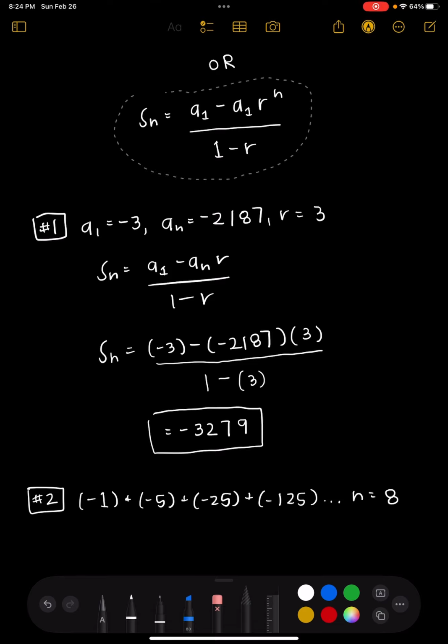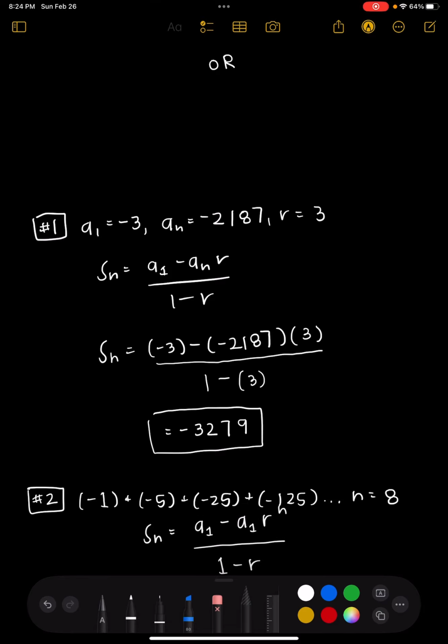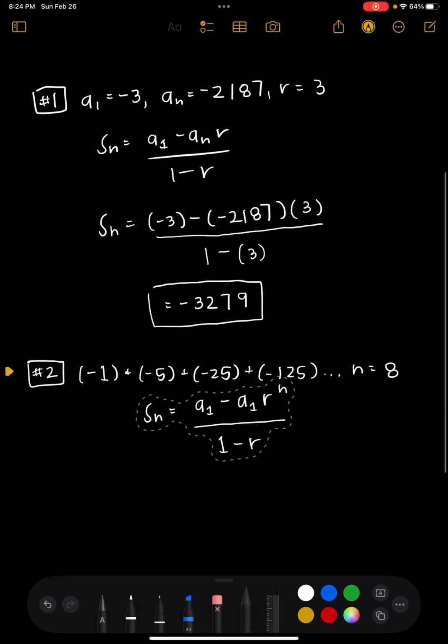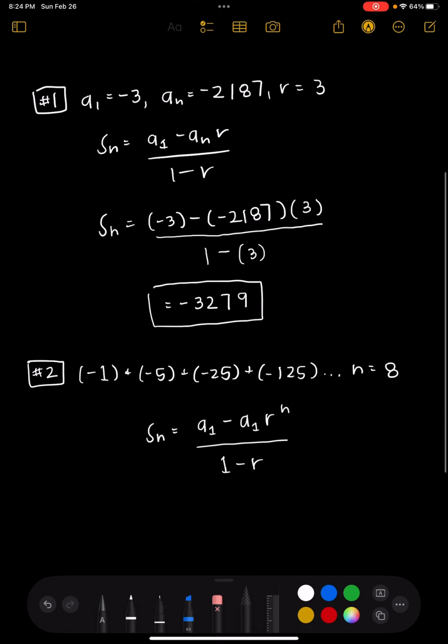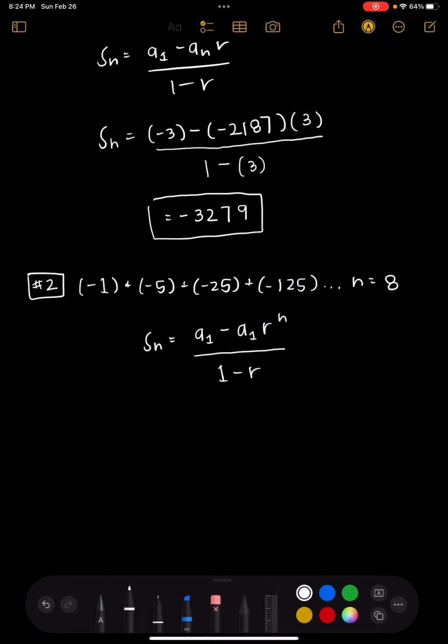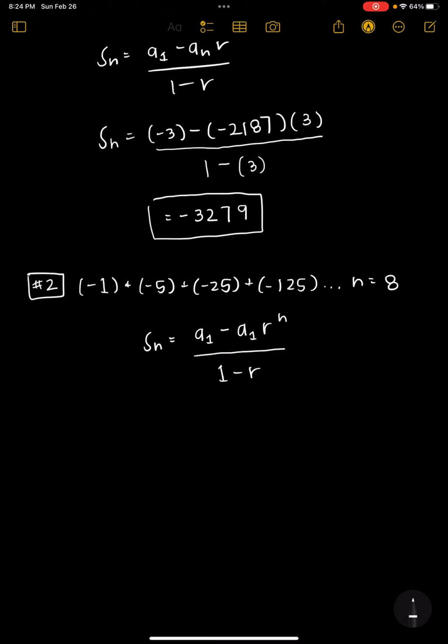I'm going to cut and paste it down here so that we have it. Now we have our first term, which is a1, but we need to find the r, which is what you're multiplying by every time.